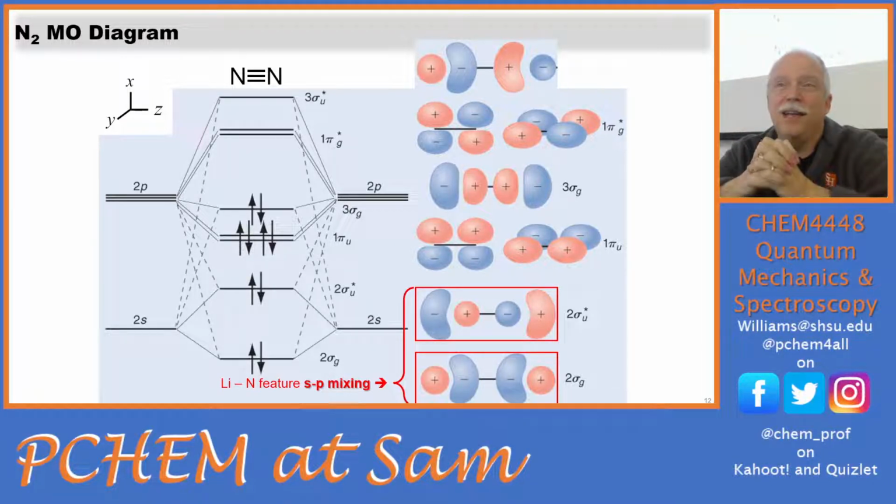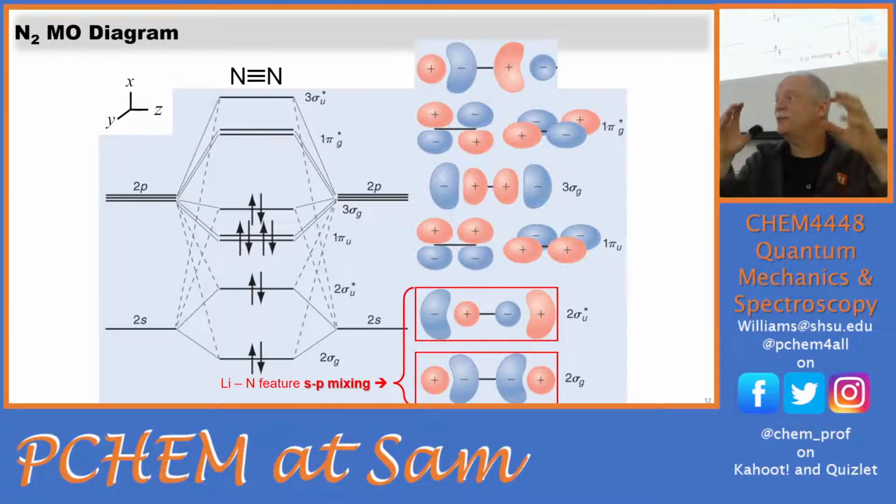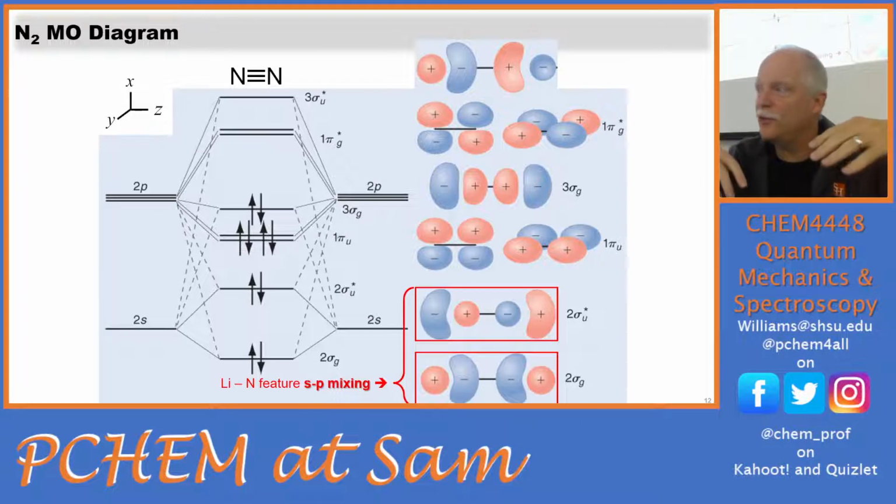Now, this is nature doing what we do in Gaussian, right? What do we do in Gaussian when we say 6-31G and in parentheses we put D and P? We're mixing D orbitals into a carbon atom. We're mixing P orbitals into a hydrogen atom. So we do this in Gaussian already. Why do we do it? To give the electron more freedom. So remember, the electrons are not mathematicians.